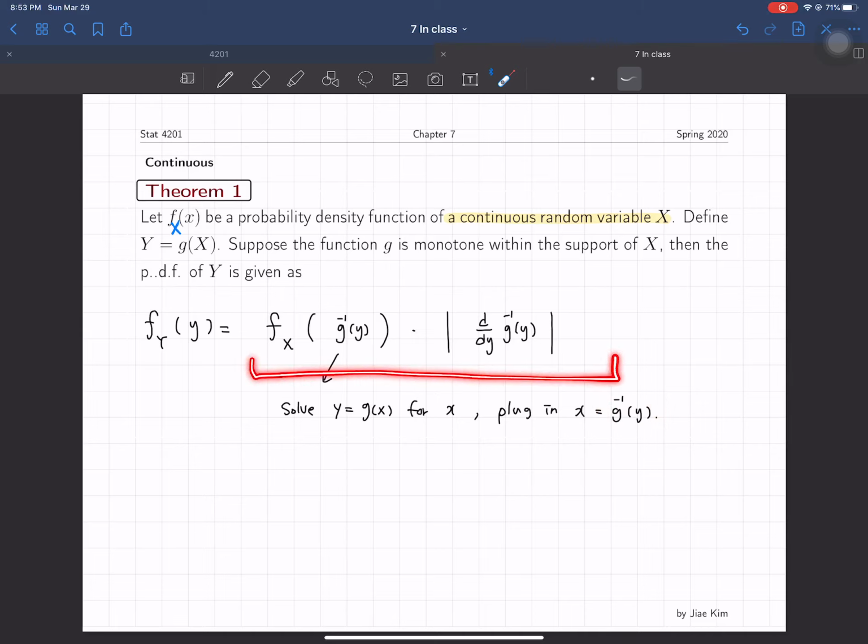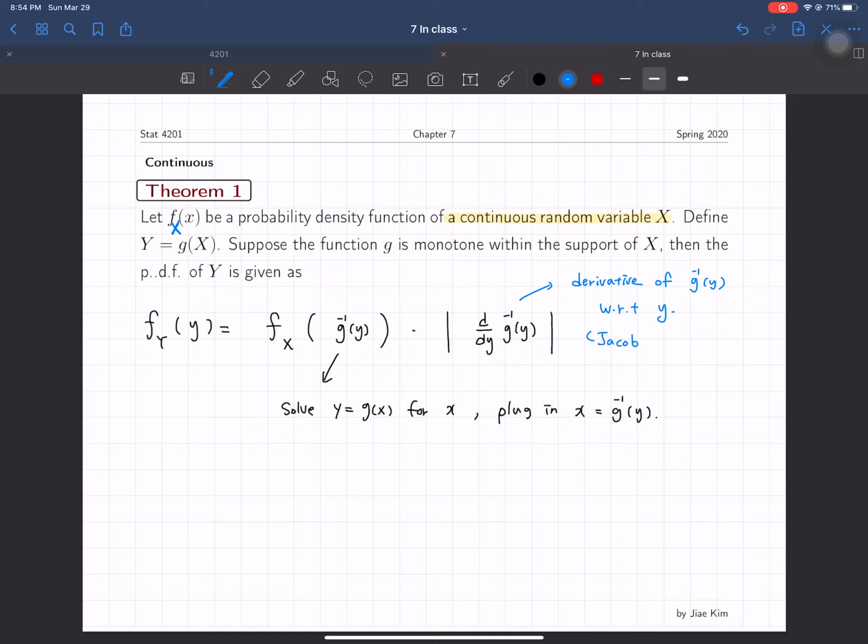So on the right hand side, we are left with the expression only in terms of y. And the thing within the absolute value is the derivative of the inverse of g with respect to the new random variable y, which is called the Jacobian.